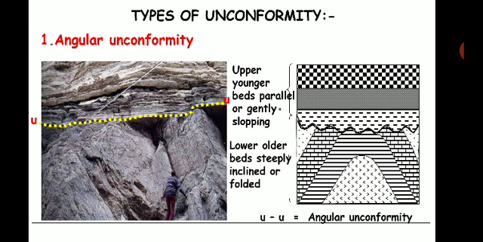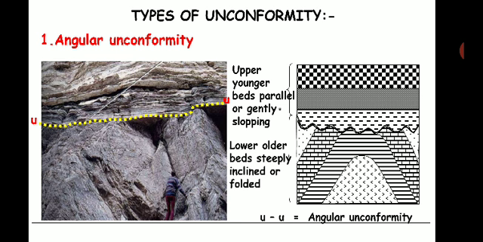If the rocks are stratified continuously, wherein the rocks are formed one above the other with no gap, then it is called a conformable sequence. If there is an unconformity, they are called unconformable rocks.